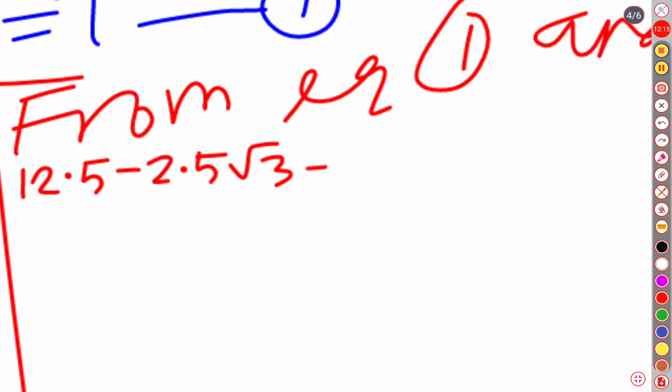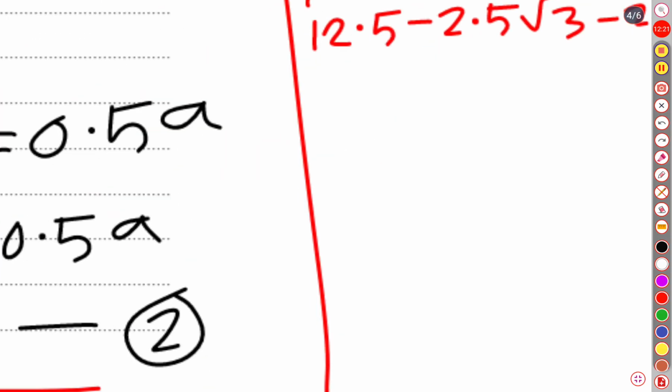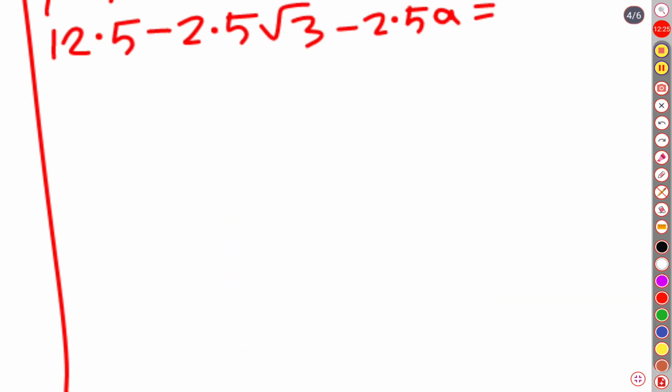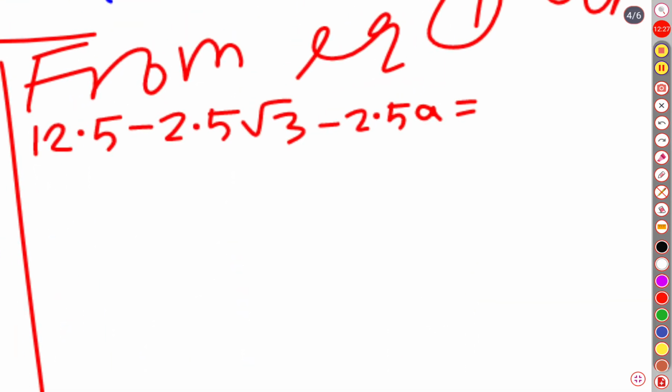And the equation number 2 was simply 5 plus 0.5a.